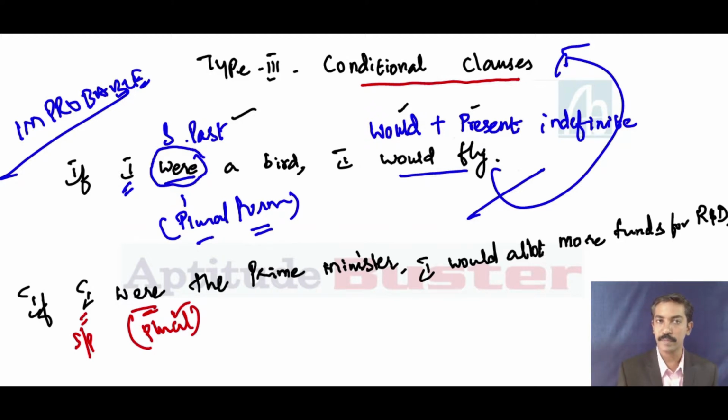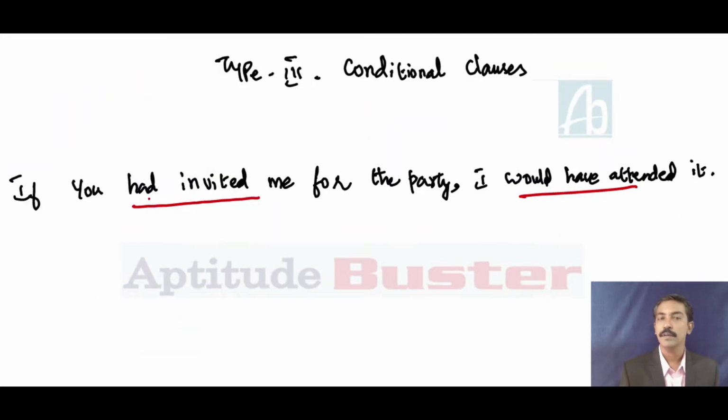One is probable, meaning will happen. Second is called improbable, meaning will not happen. Then can you guess the third condition? Your guess is right. Third one is called less probable condition, meaning it may or may not happen.